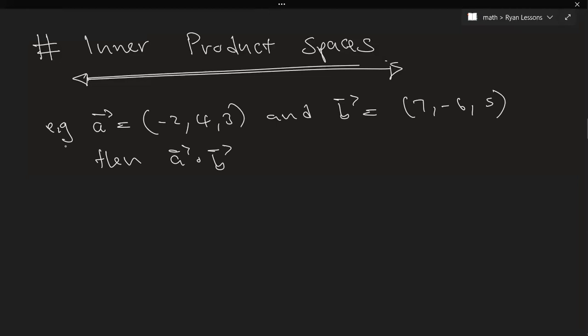So if we want to generalize this idea, we have to use suitable notation which can cater for all these different types of objects. So now we start the generalization of this idea by defining exactly what an inner product is.